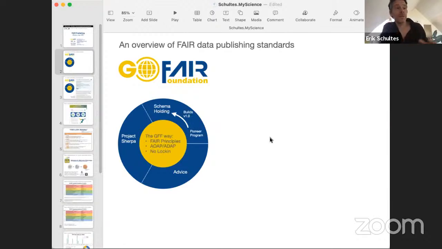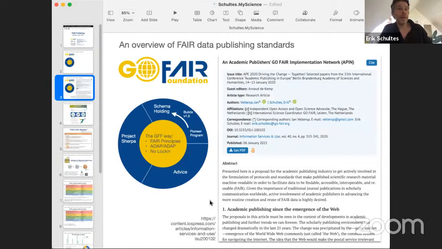And it's also a way to drive convergence among many different groups that are trying to do the same thing. So there's a role here for sticking close to the fair principles and making sure that we get implementations that make sense.